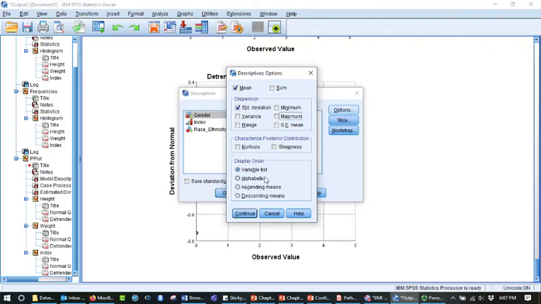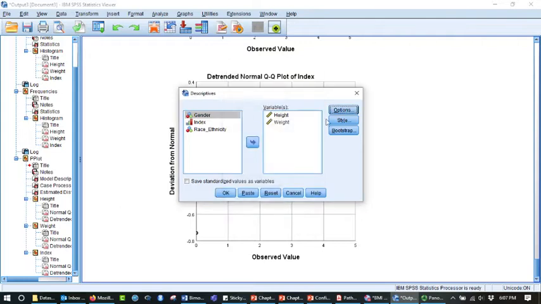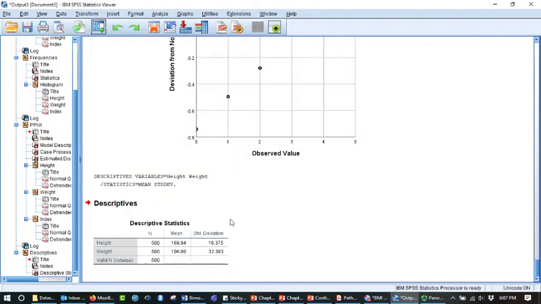I'm going to take max and min away. I just want the mean and standard deviation. I'm going to say OK. Alright, so our mean is 169.94 and our standard deviation is 16.4. That's for height, and for weight we have 106 and 32. So I'm going to test against 170 for height, and then I'm going to test again against 180.